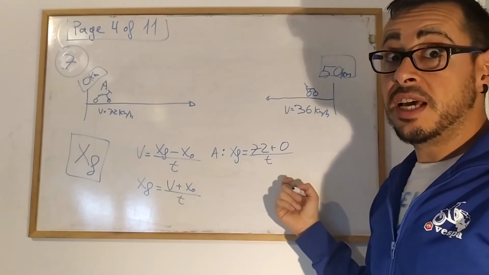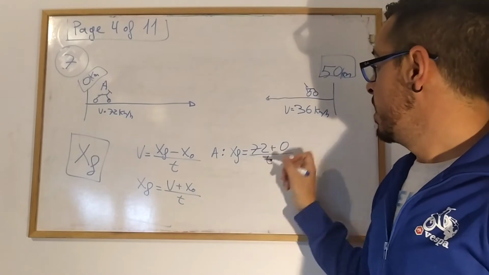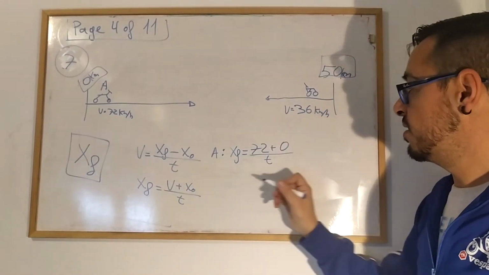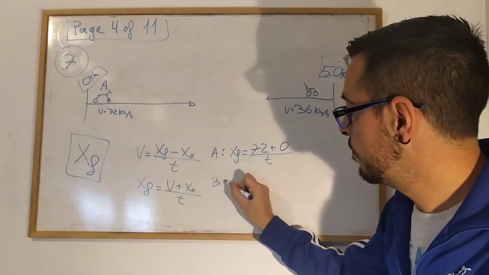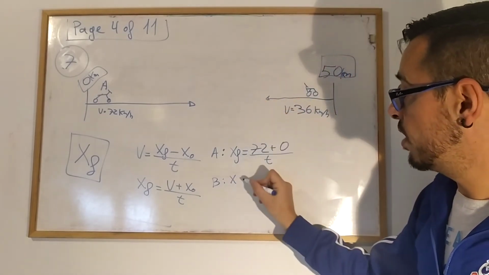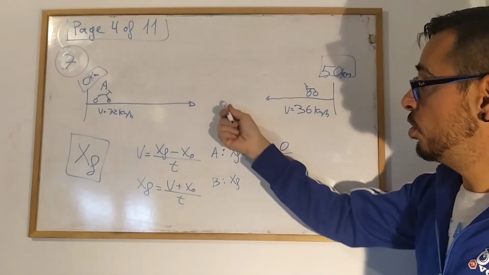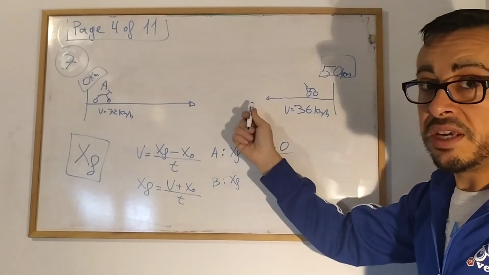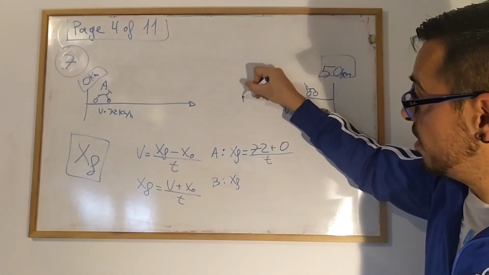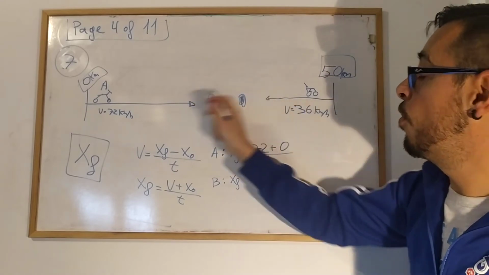At the end of the exercise, we are going to know the time and the final position. And for this case, B, final position, we don't know it, but we can do this because we know that final position is going to be the same in both cases, because they are going to find here or here. So this is going to be the final position for each one.